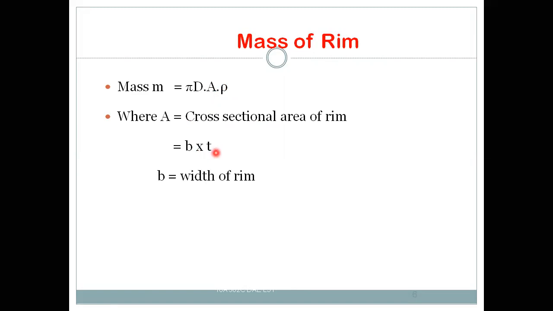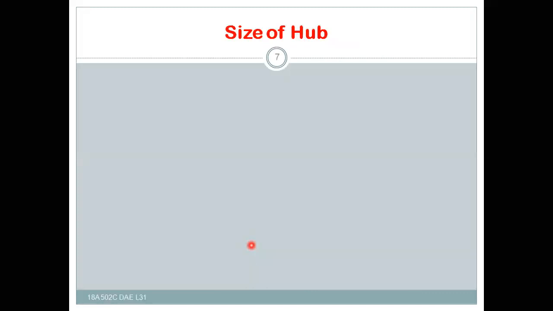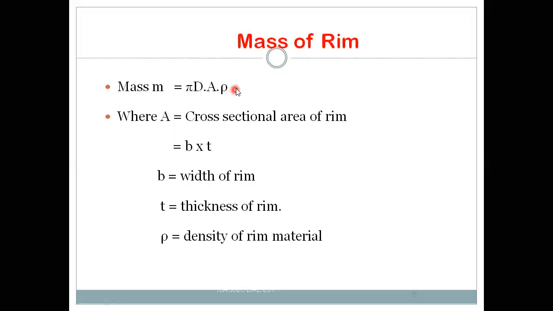So b is the width of the rim and t is the thickness of the rim, and rho is the density of rim material in kg per meter cube. With this formula we are going to calculate the cross section of the rim, that means the width and thickness of the rim, by using this mass formula.